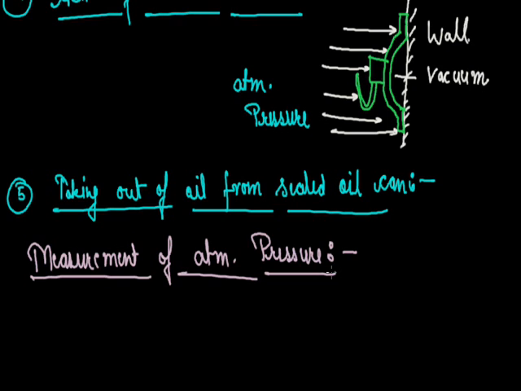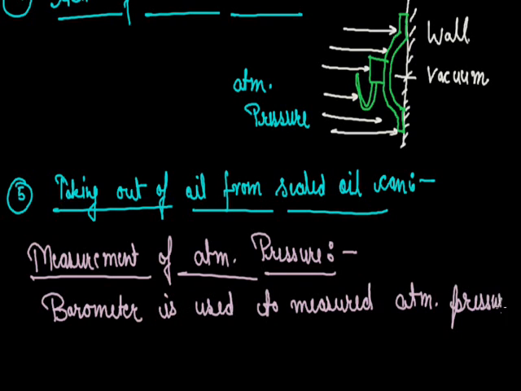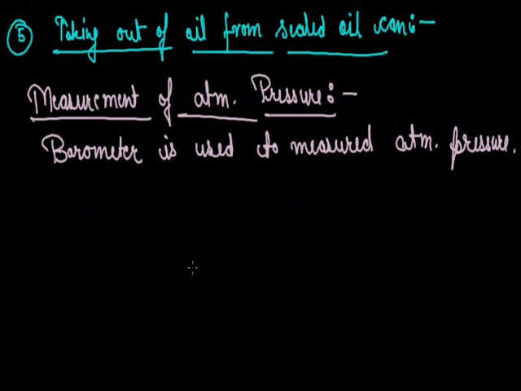So a barometer can be defined as an instrument which is used to measure atmospheric pressure. In 1643, Torricelli first designed a simple barometer using mercury as the barometric liquid. So the scientist who designed the simple barometer was Torricelli in 1643.